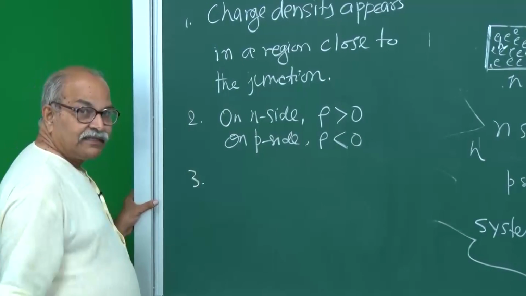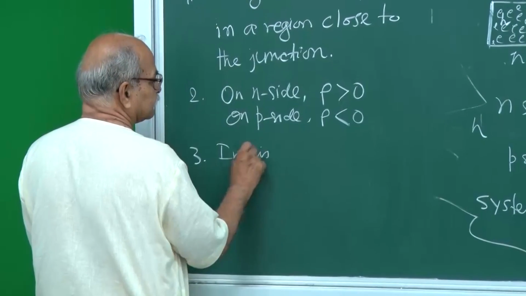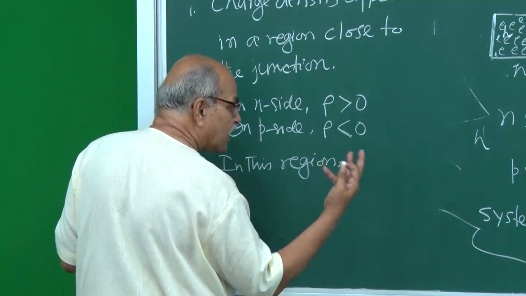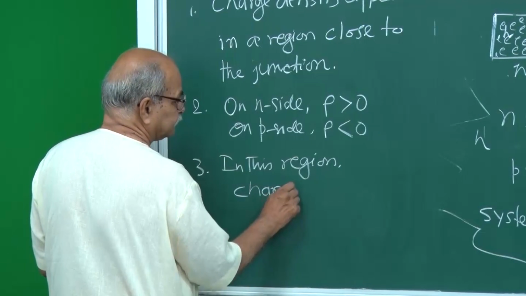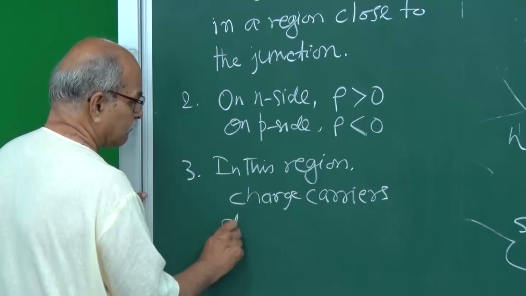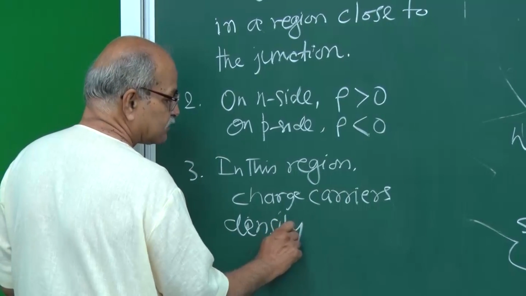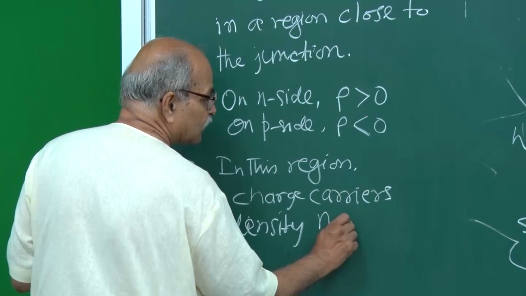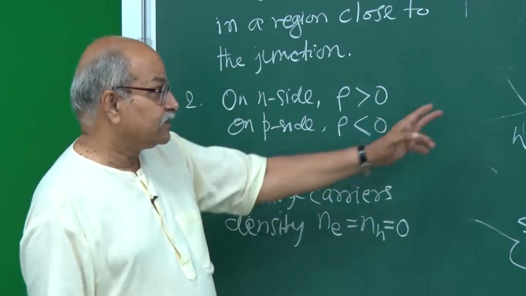Another interesting thing is, in this region there are no charge carriers. So, the charge carrier density, Ne and Nh, is almost 0 for all practical purposes, only in this region.